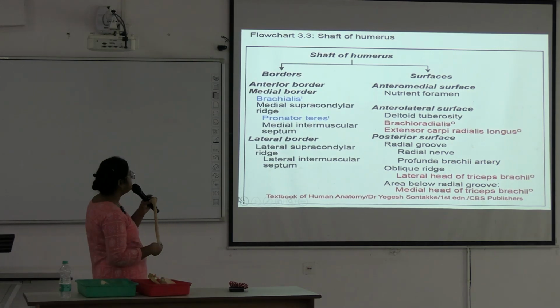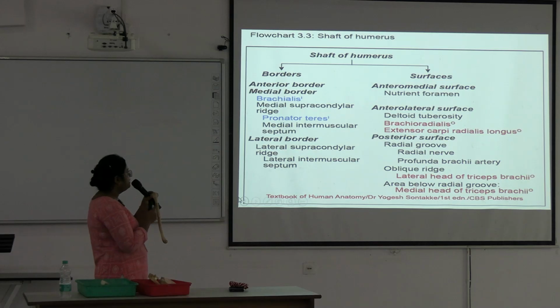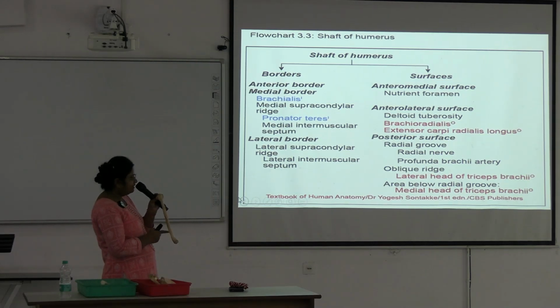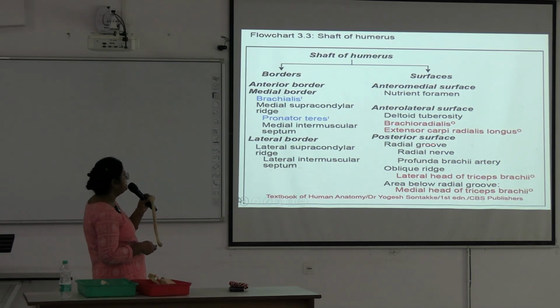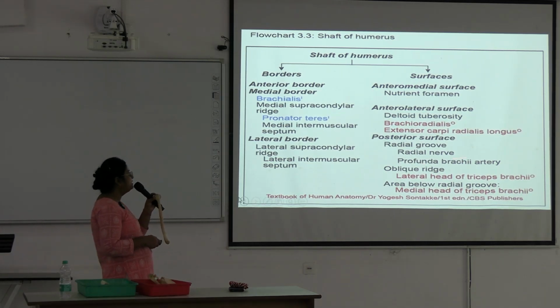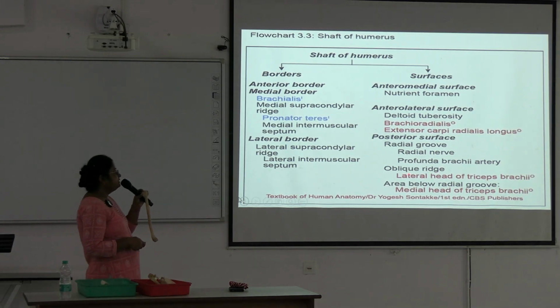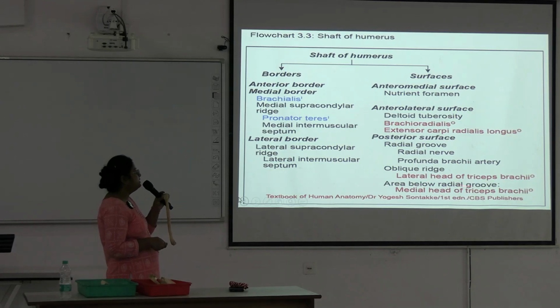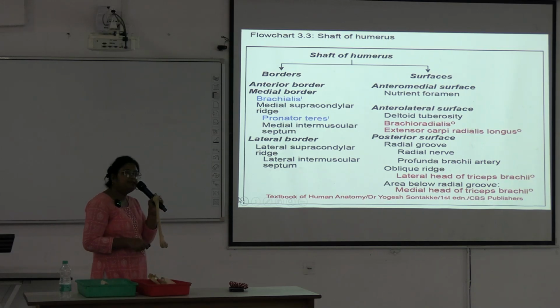The anterolateral surface has a V-shaped deltoid tuberosity, brachioradialis and extensor carpi radialis longus. The posterior surface has the radial groove containing the radial nerve and profunda brachii vessels. The oblique ridge above the spiral groove gives origin to the lateral head of triceps brachii, and the area below the radial groove gives origin to the medial head of triceps brachii.